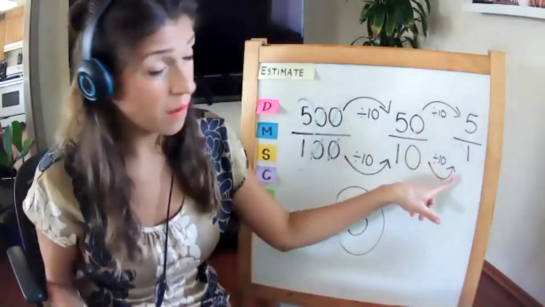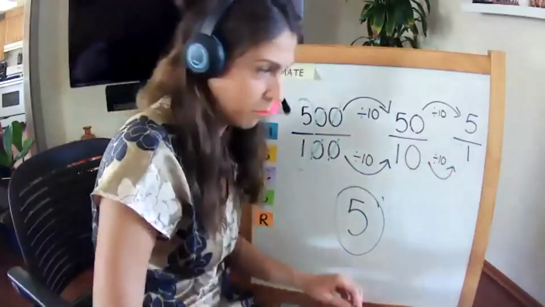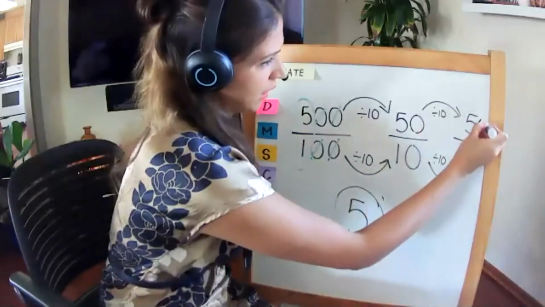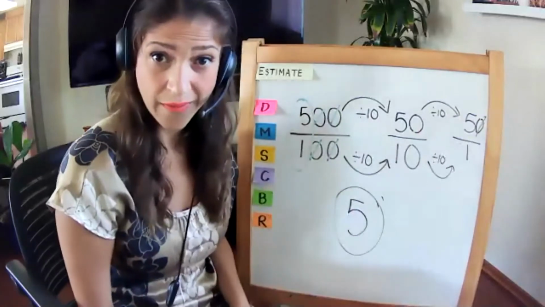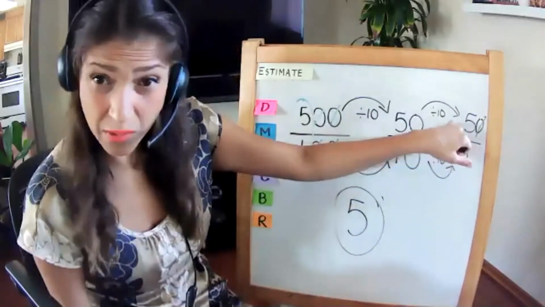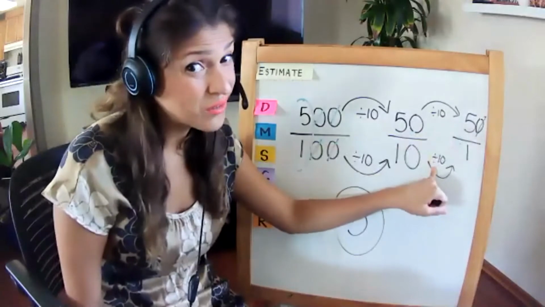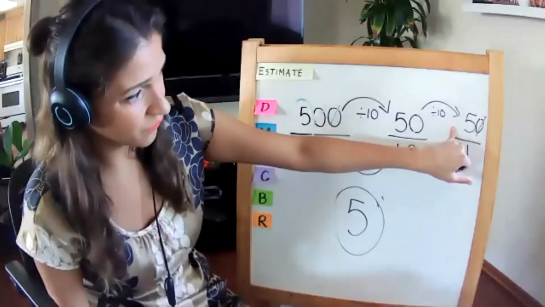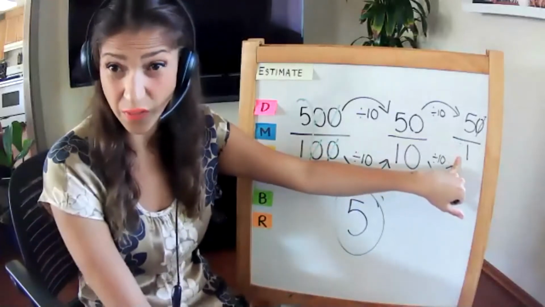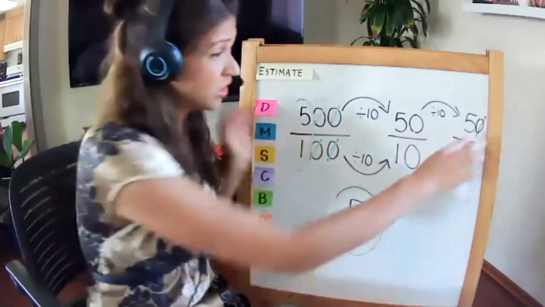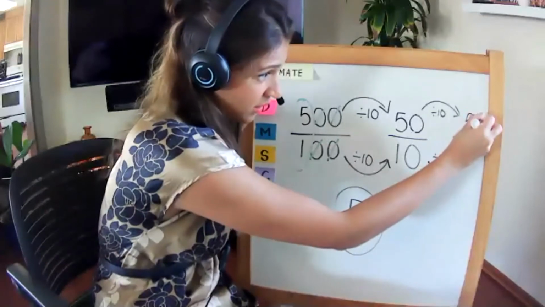So if one of the numbers, let's say I had, for example, a 50 over here and a 1 here, I can't just cross out this 0, because whatever I'm doing to my dividend, I have to do to my divisor. I can't say 50 divided by 10 here if 1 has no 0, no 10 that can go into it. So I'm going to have to keep this as a 50.